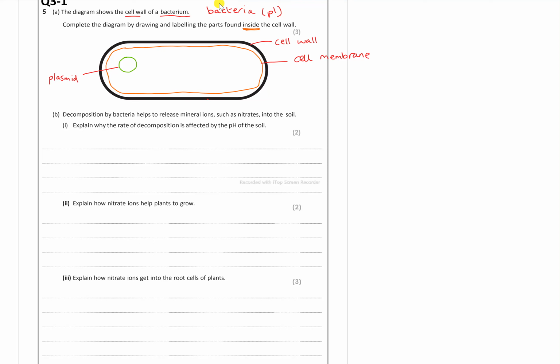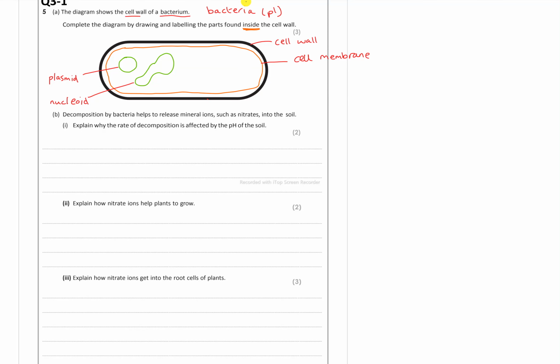Right, you also get another bit of genetic material. It's like a circular chromosome, or they call it a nucleoid. Yeah, that's it.